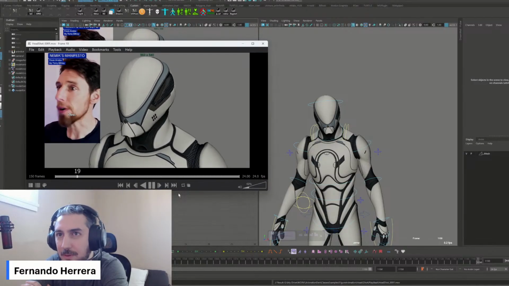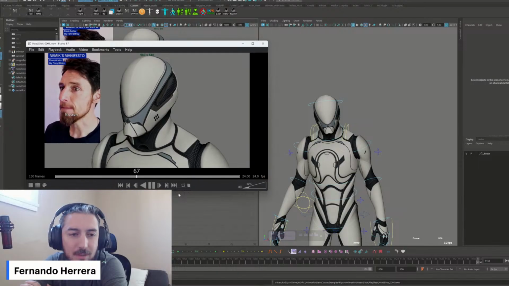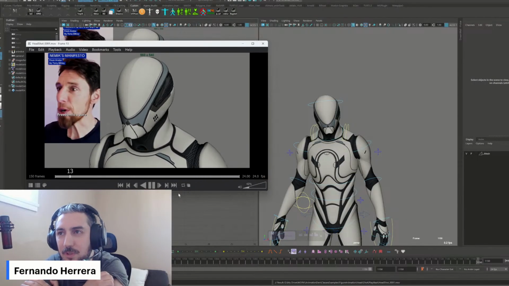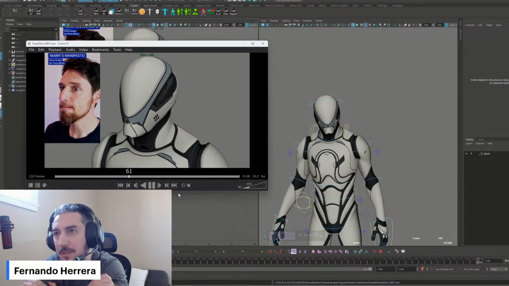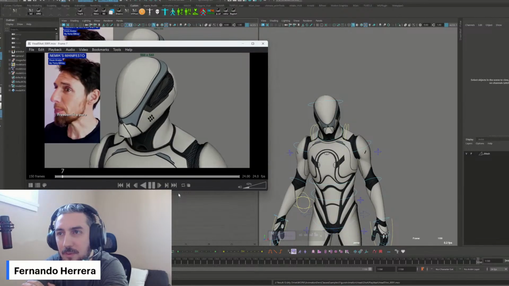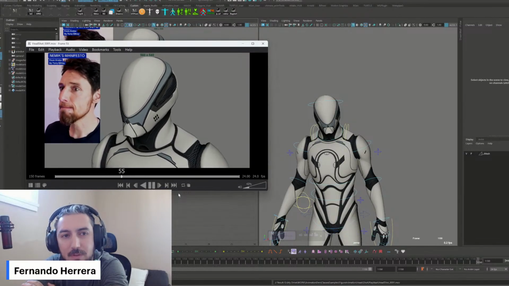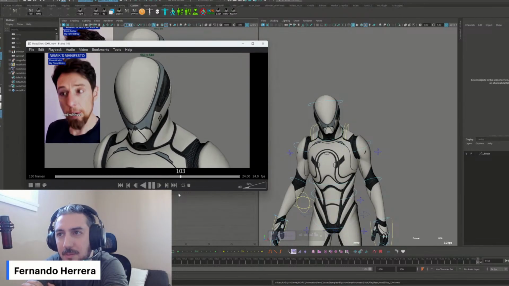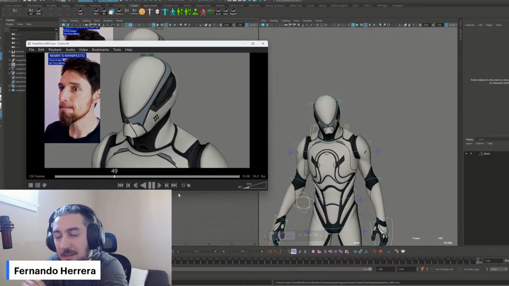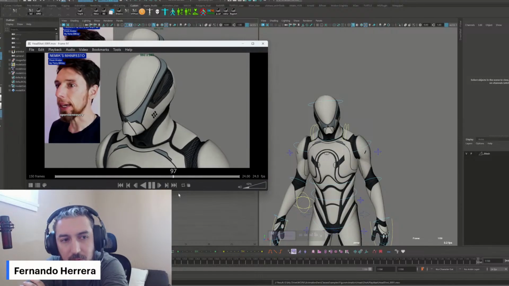After a couple of hours, you can consider it's blocking, right? So this is a really valuable skill to get because you could solve an acting shot that you have a good reference for in a few hours, and then it's just going to be polishing left and face and stuff like that. So if you have this, you can spend days on the face.